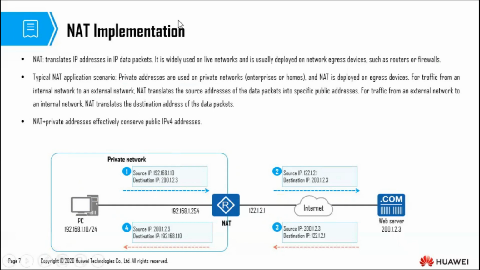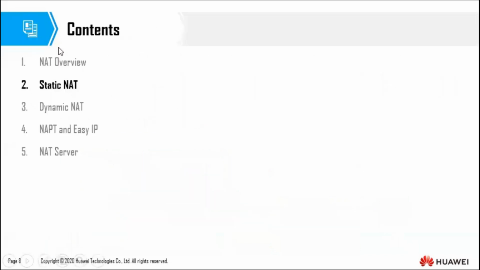Okay, so NAT effectively conserves public IPv4 addresses because now internal devices won't need a public IP address. Now we have 4 types of NATing. We have static NAT, we have dynamic NAT, we have network address port translation.